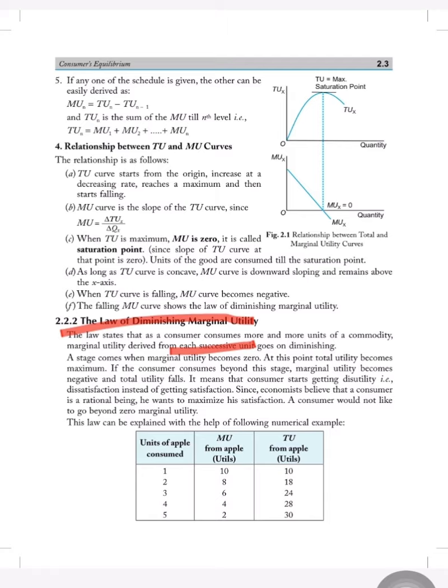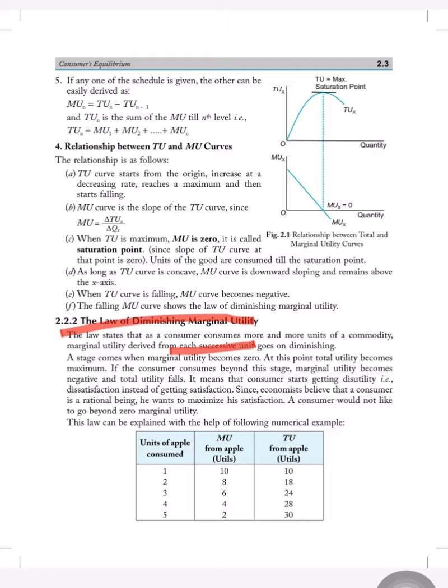Suppose you are very thirsty and you have consumed one glass of water, and that will give you extreme satisfaction. But that particular water has decreased your thirst a little bit.